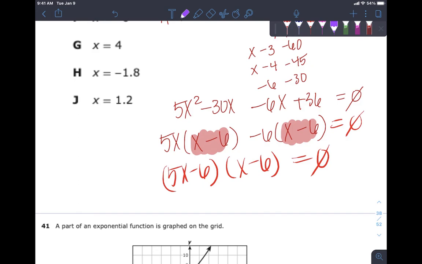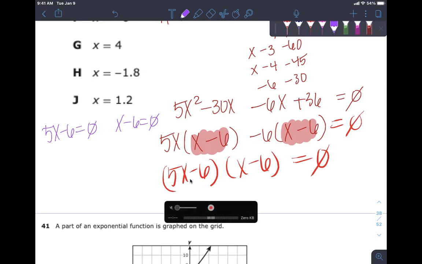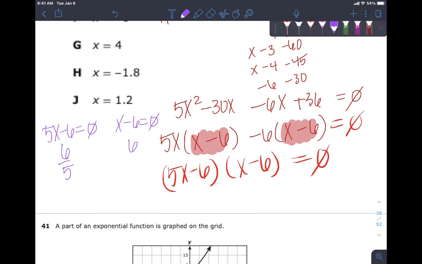So now I can go ahead and split this apart. I'm going to get one that looks like this and one that looks like this. So, of course, if I follow that pattern, it's always going to be opposite of this divided by that. So 6 over 5, positive 6 over 1, which is positive 6.